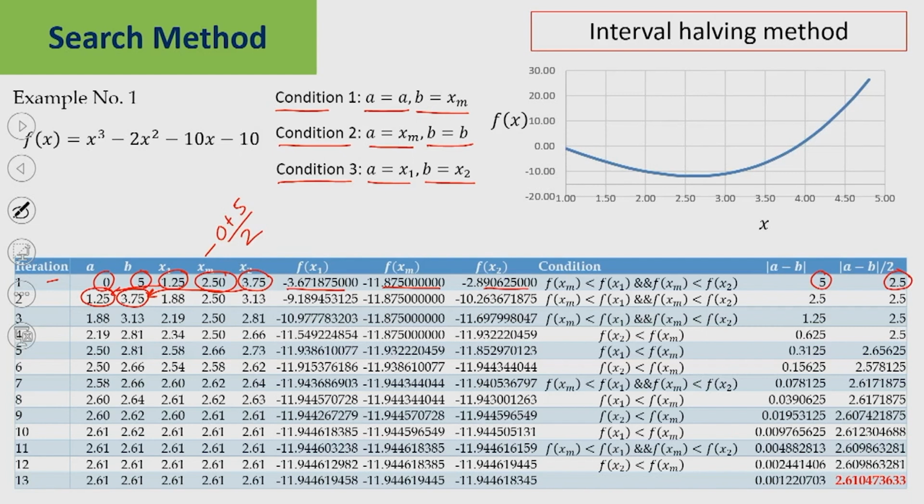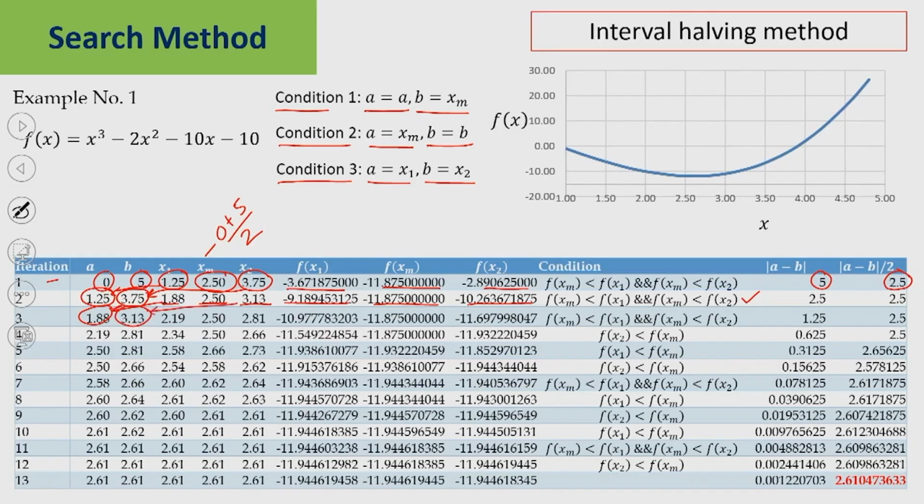Now I am getting new A and B, that is, in the second iteration A equals 1.25 and B equals 3.75. Then I have calculated x 1, x m and x 2, and then the function values, and in this case again condition 3 is true. Therefore A equals x 1 and B equals x 2.